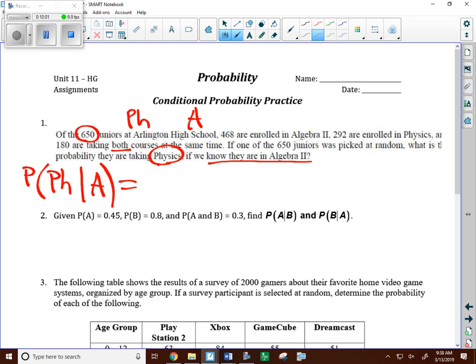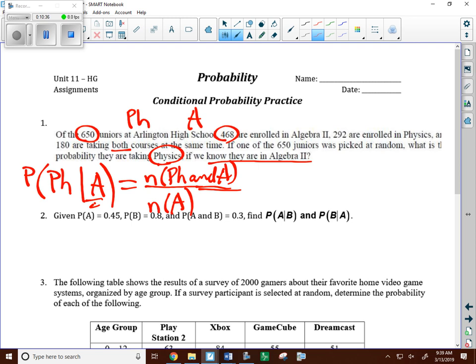So this is a given question. I'm using the formula. Now again, depending on what they give us, if they've given us probabilities, it'd be probability, but I'm going to use numbers here. So it's the number of the intersection, number that are in physics and A, algebra 2, over the number in our new sample space, number that are in A, algebra 2.